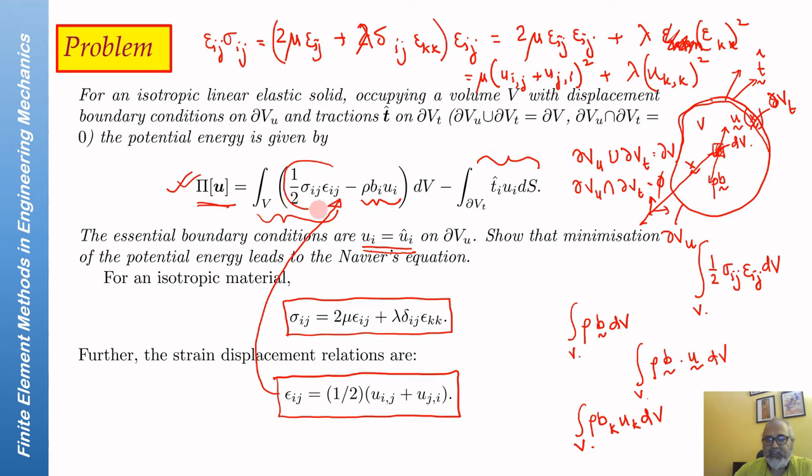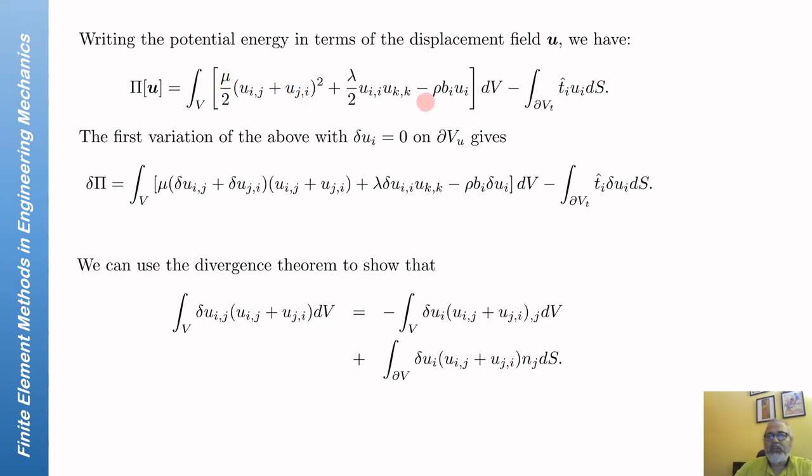This term is also expressed in terms of displacements. So this whole expression now becomes in terms of displacements. This is how you get it. Now you have to do delta u, and let's do it for this term first. So I have mu by 2 times (ui comma j, which is the derivative of ui with respect to j, plus uj comma i) whole square, and I want to take delta of that.